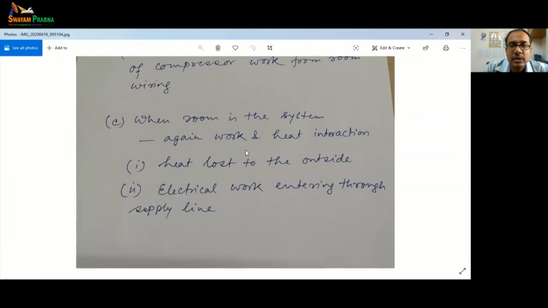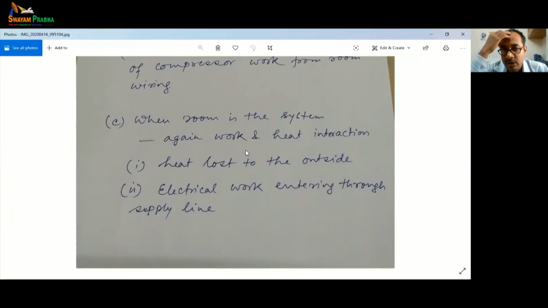So if we look there, heat is lost to the outside. Because refrigerator, what it is doing, it is always getting some heat into the room, right? It is increasing the heat content of the room. And that heat is lost to the atmosphere, which is outside, through the window and doors.